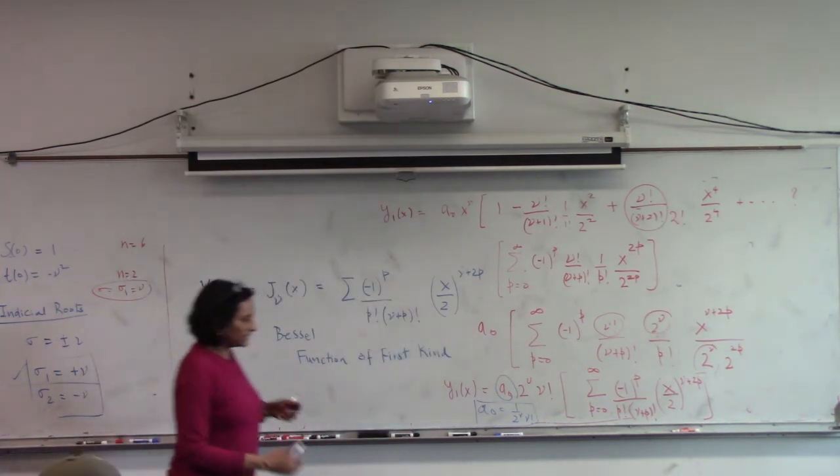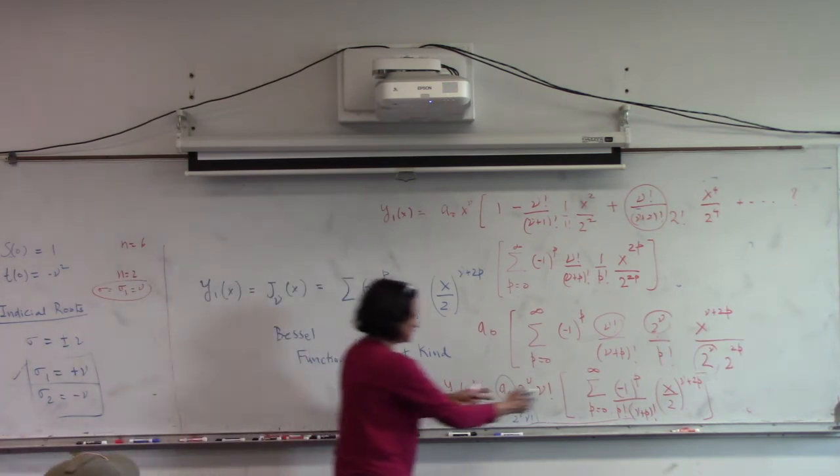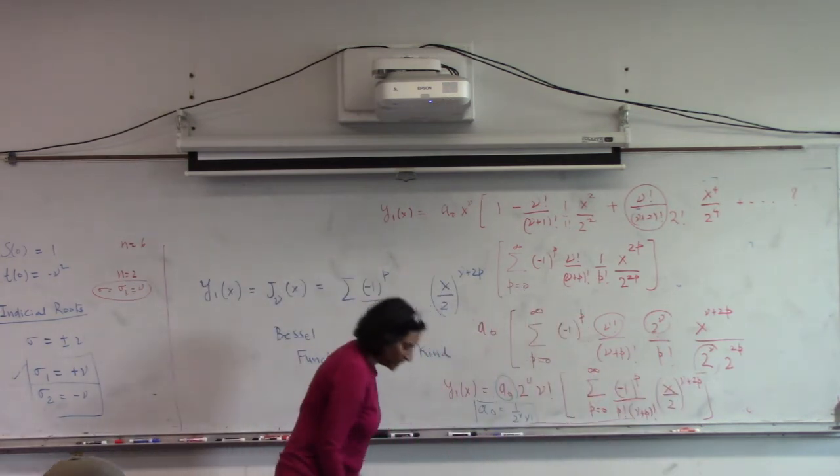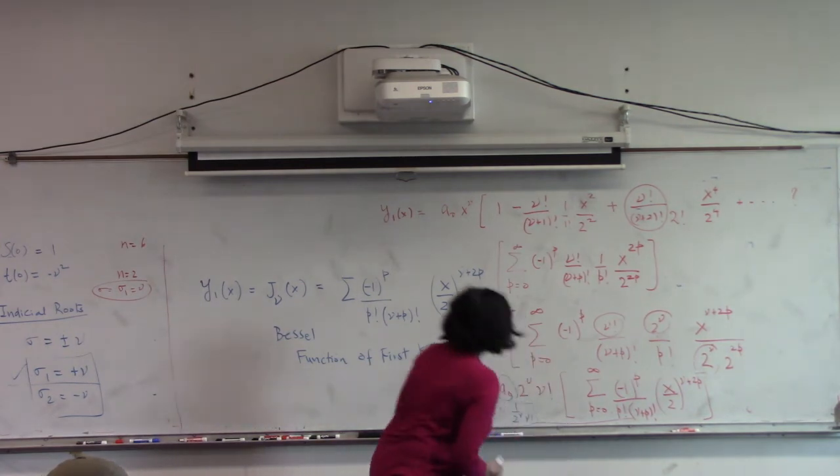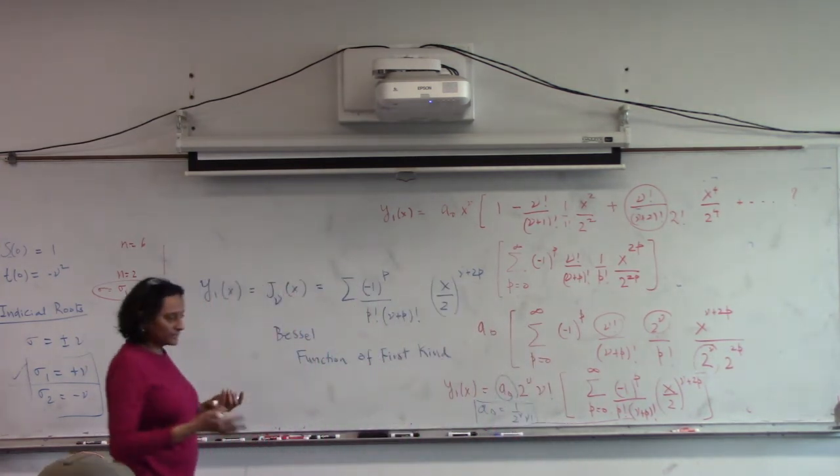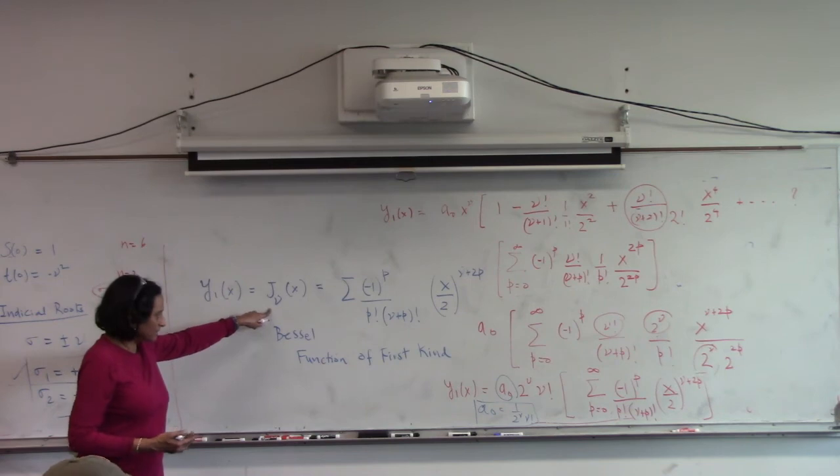So what we generally call Bessel function is really this quantity within this square parenthesis. All the properties will depend on what this is, right?